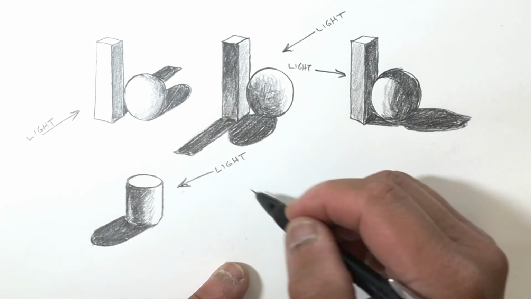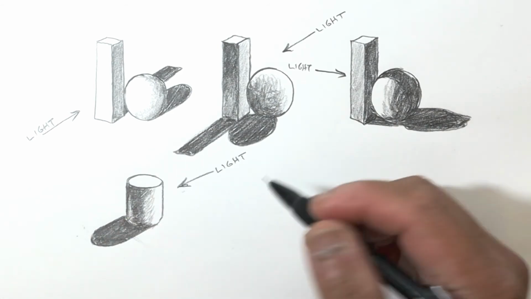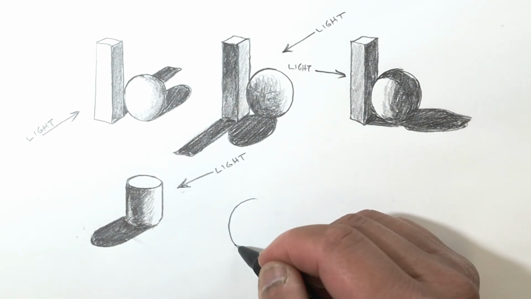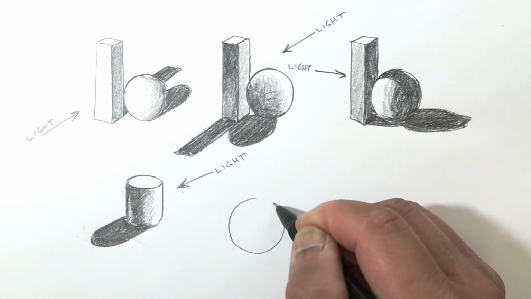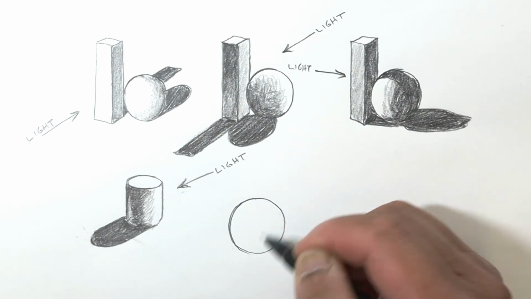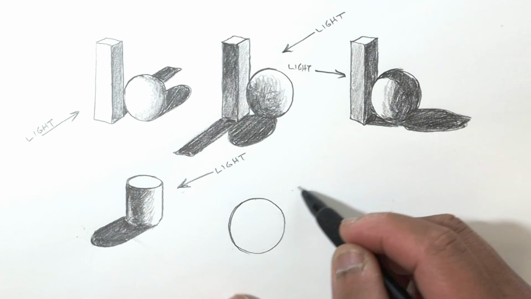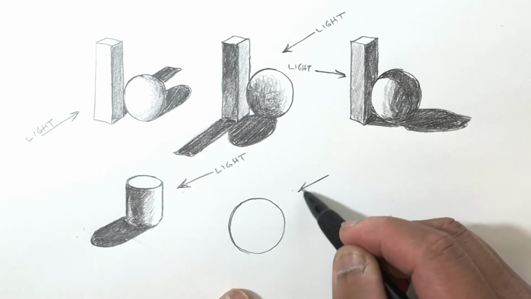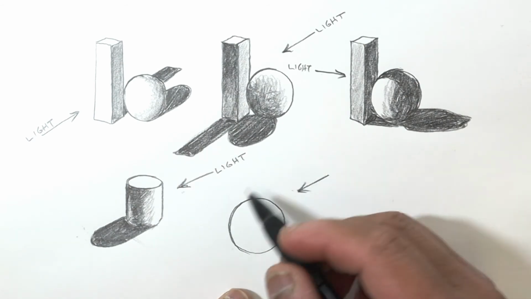So let's go ahead and draw a sphere this time. So just like that, let's say the light again is coming this way.